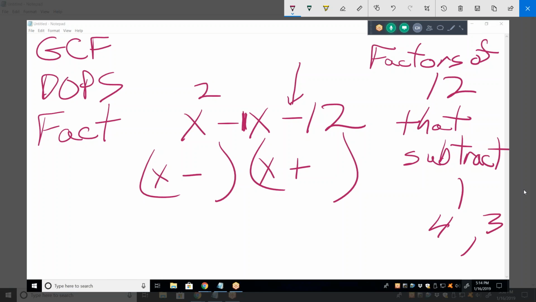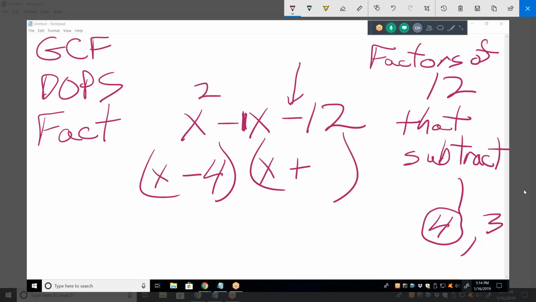Now, the fourth step, I've got to figure out where the 4 goes and where the 3 goes, and it matters. I can't put one in one place and the other in the other. It might not be right. So what was the rule? I take the largest factor and I put it where? In the negative or minus? Yes, with the sign of the middle term, which is negative.